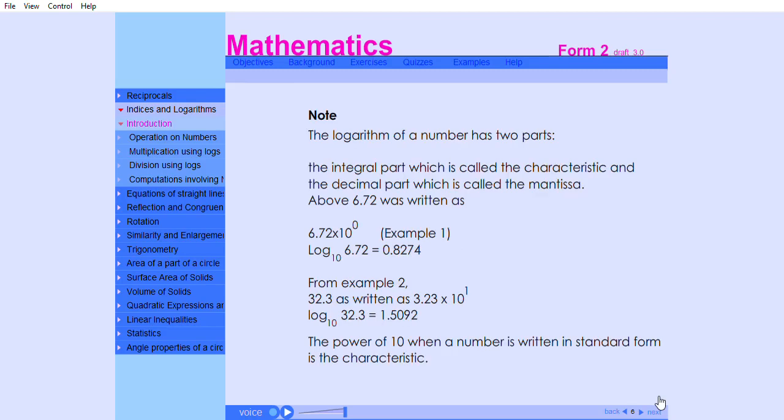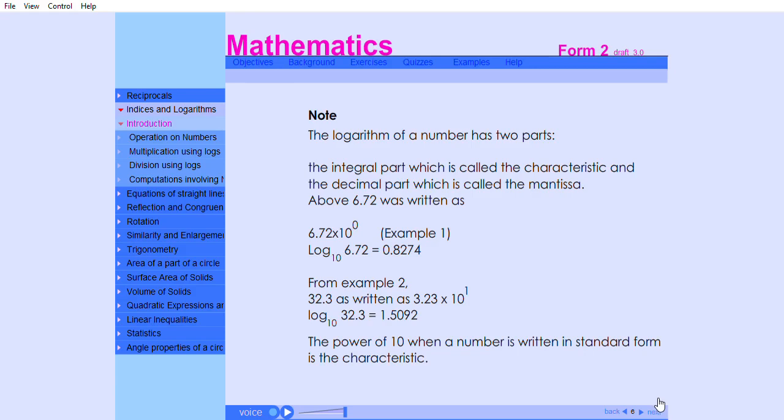Note that the logarithm of a number has two parts: the integral part, which is called the characteristic, and the decimal part, which is called the mantissa. Above, 6.72 was written as 6.72 multiplied by 10 to the power of 0. Example 1. Log 6.72 is equal to 0.8274.